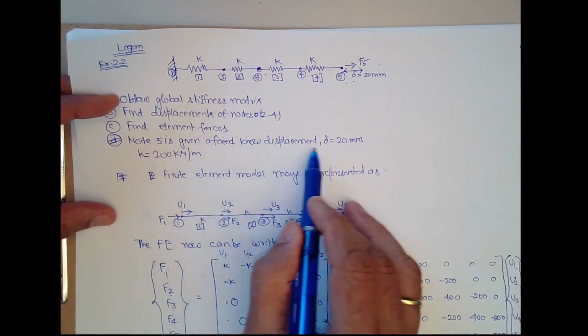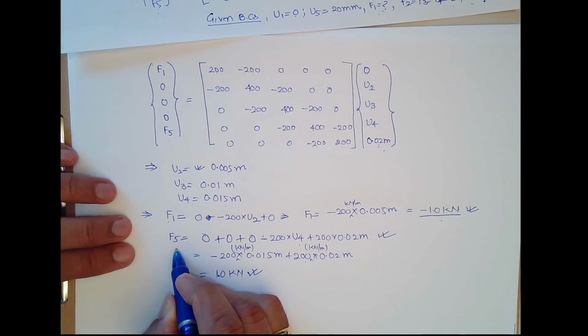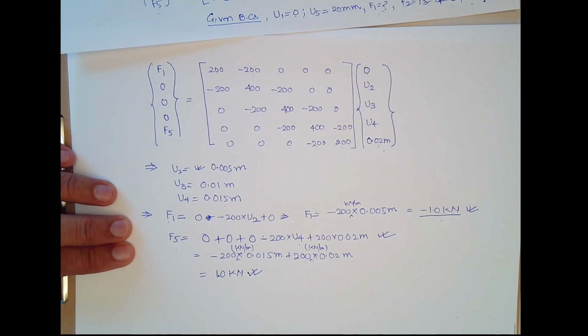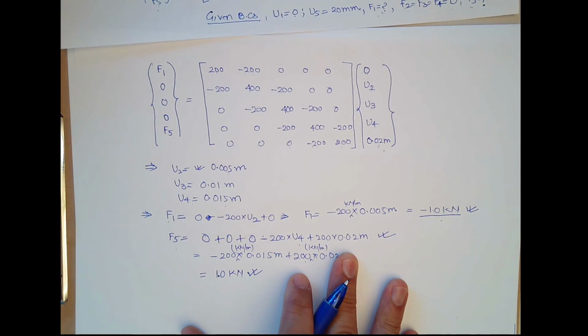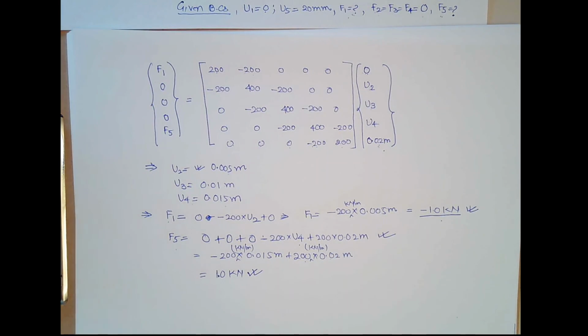Node 5 is given a fixed displacement, so F5 is also known. Meaning thereby, we have determined by the finite element method the nodal displacements of the problem given here.